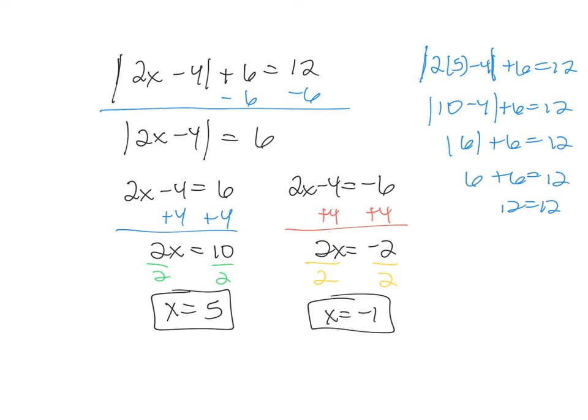Okay, so the only other thing we need to be careful of is when it will not work. If you go all the way back to what absolute value is, we said distance from 0. And distance cannot be negative.